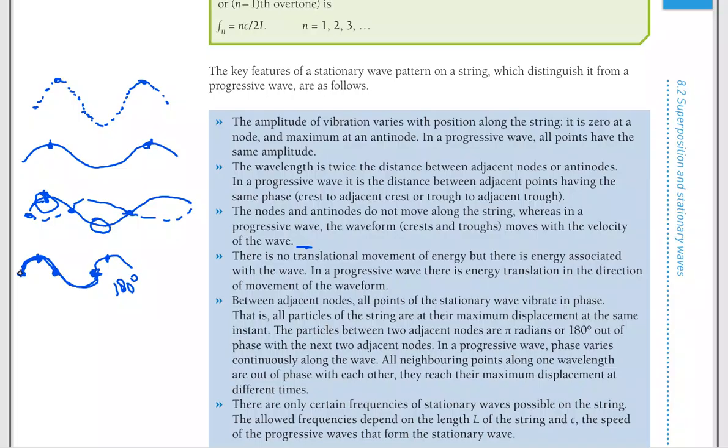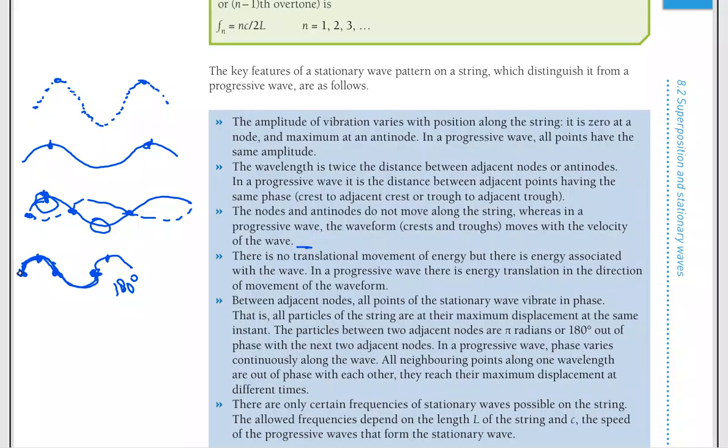Between adjacent nodes, all points of a stationary wave vibrate in phase. Between two adjacent nodes, all the particles go up together. It means the particles vibrate in phase, all at the same instant.